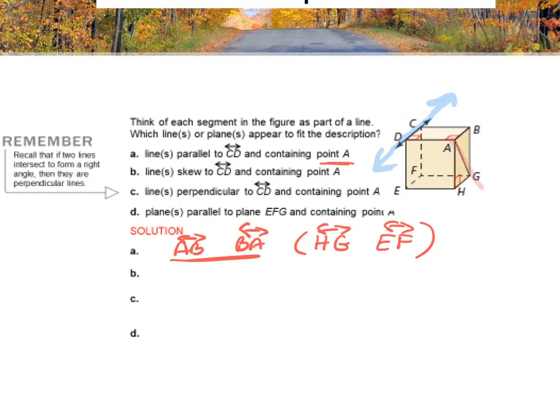That would be a skew line. And AH. Those would be the answers that include point A. And again, you could reverse the order of the letters. Now, another skew line, but it doesn't go through A, could be BG.